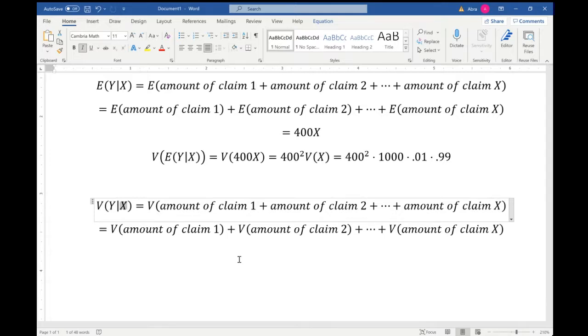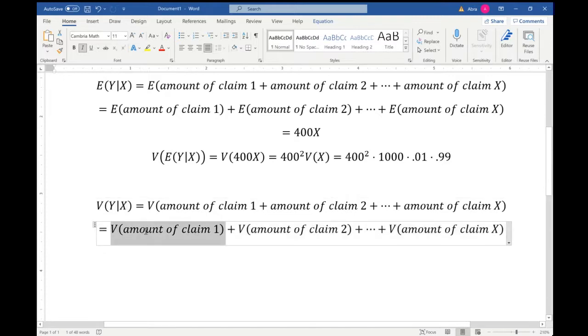So when we're just looking at x, x is the number of claims. But doesn't the uniform distribution there represent the claim amounts? So why are we using that for x? To be totally clear, you'd use the uniform distribution to find the variance of the amount of claim 1.